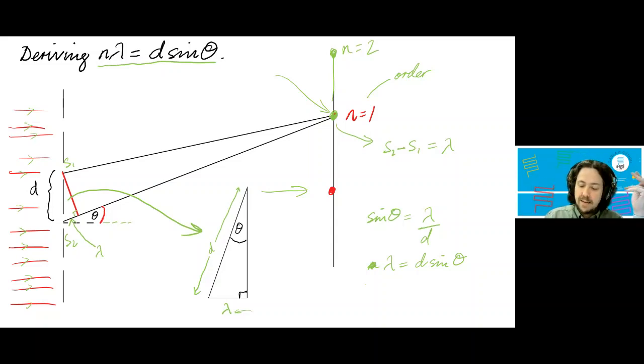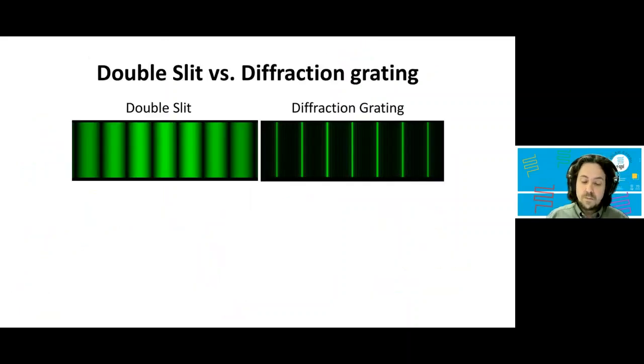So this is where the n lambda bit comes from. You can put any value in there. So n equals 1 is the first order, n equals 2 is the second order, and all that's going to do is set the path difference to a whole number of wavelengths, d sine theta equals n lambda. It is derived, we've done it, well done us, congratulations. Right, so let's move on.